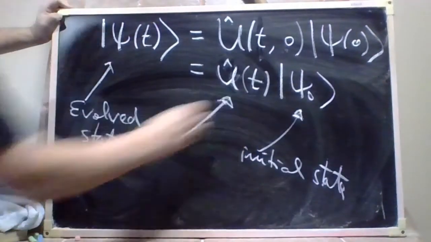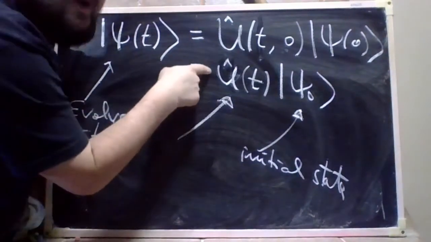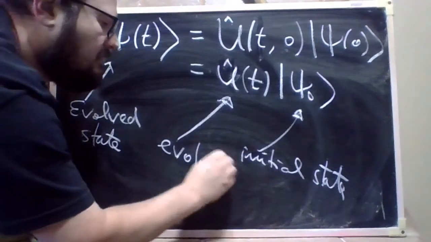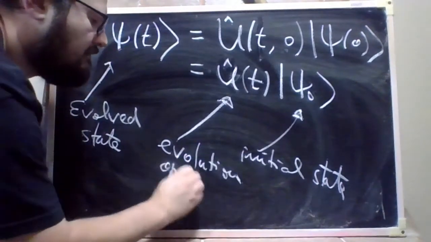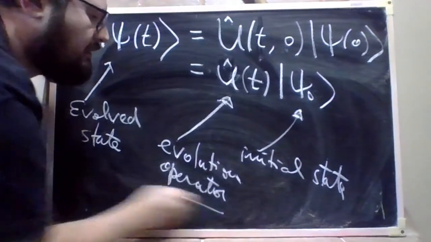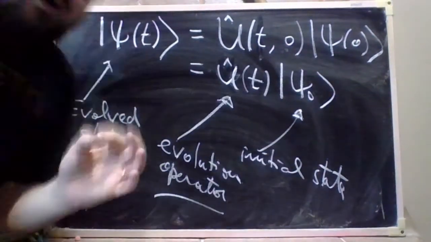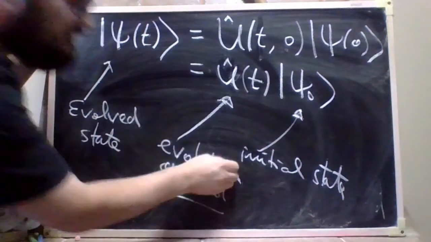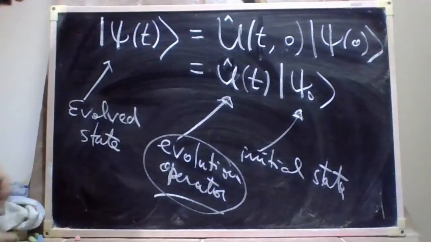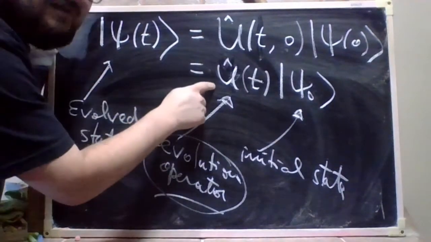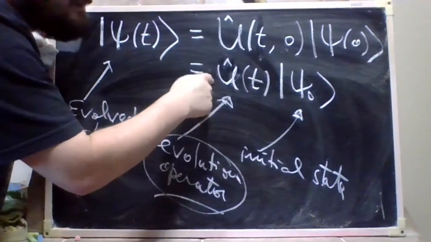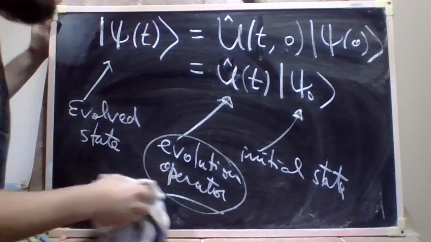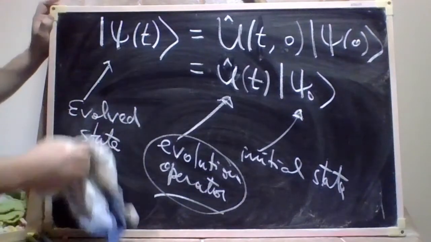And this operator here is called the evolution operator. All right? But now I can ask, what are the properties of the evolution operator? What properties does that object have in order to be an evolution operator in quantum mechanics?